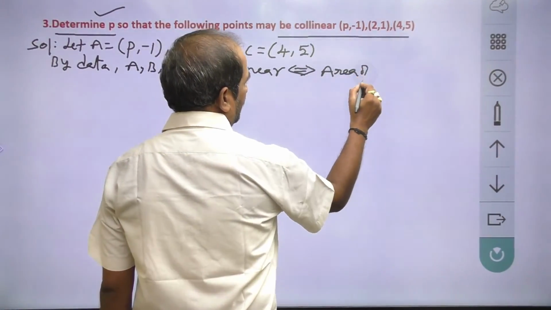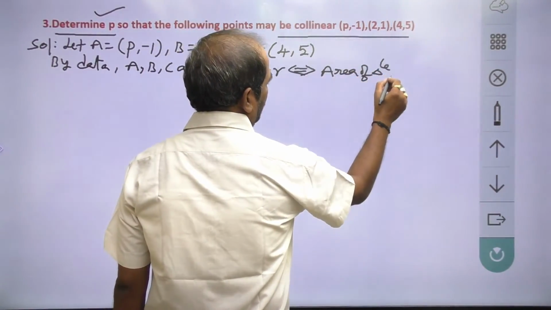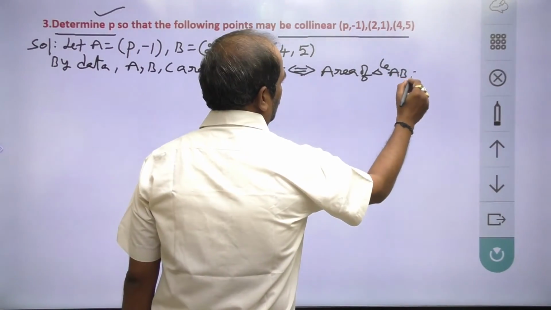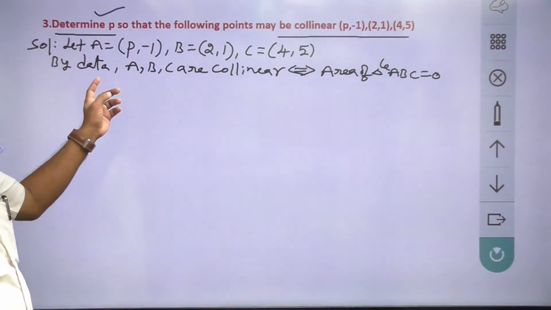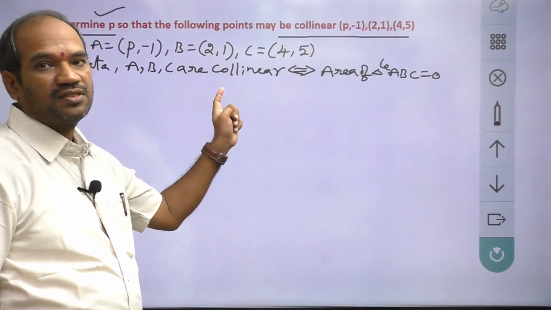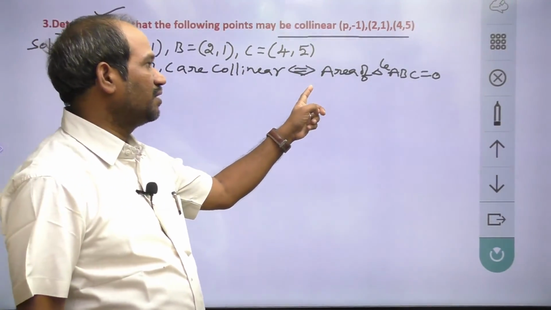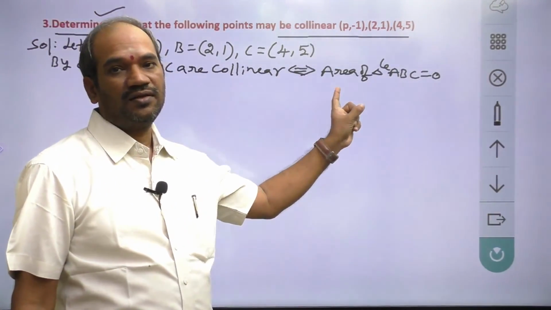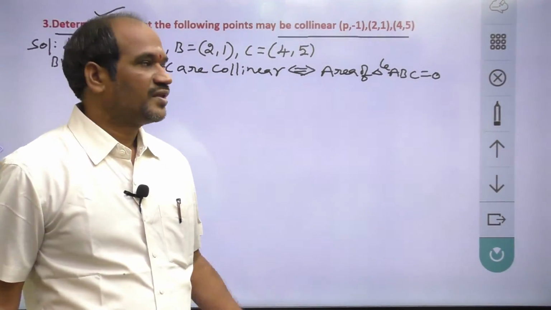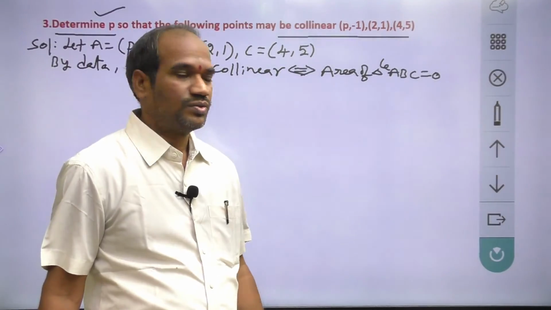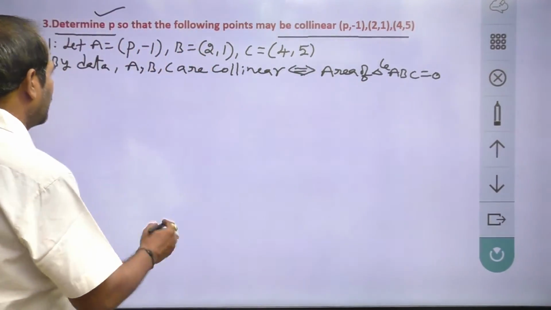Area of triangle ABC is equal to 0. This is the formula. So by the data, A, B, C are collinear if and only if the area of triangle ABC is 0. Note this second point. Right, the area of triangle ABC formula.